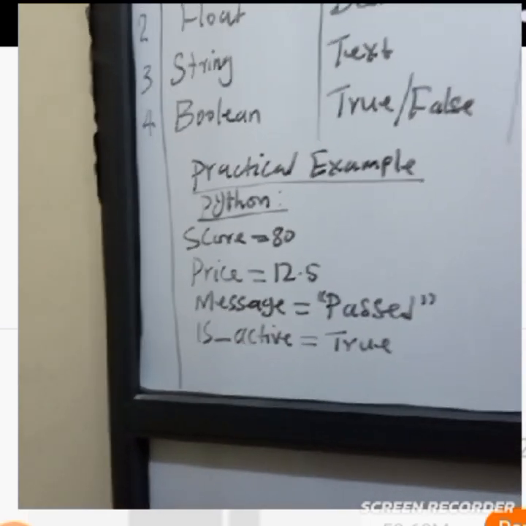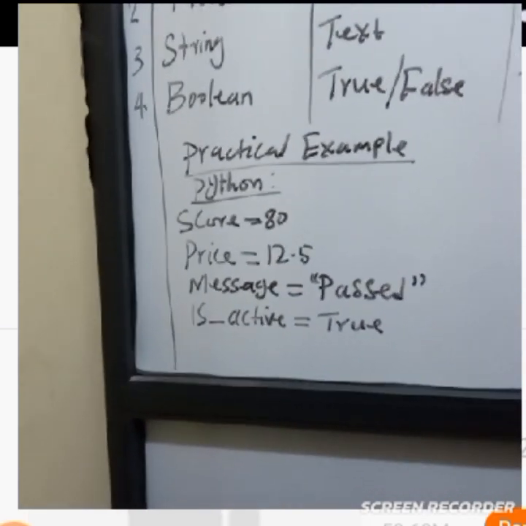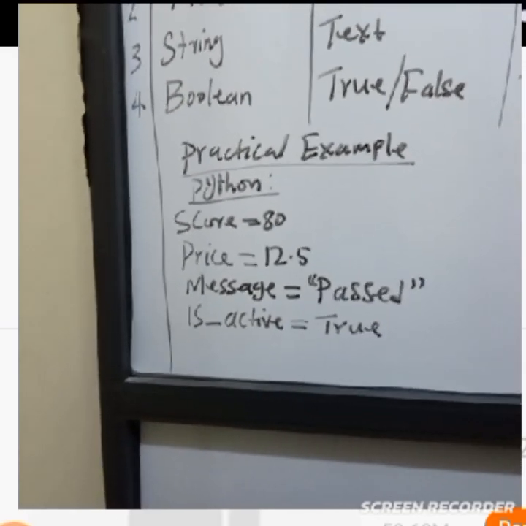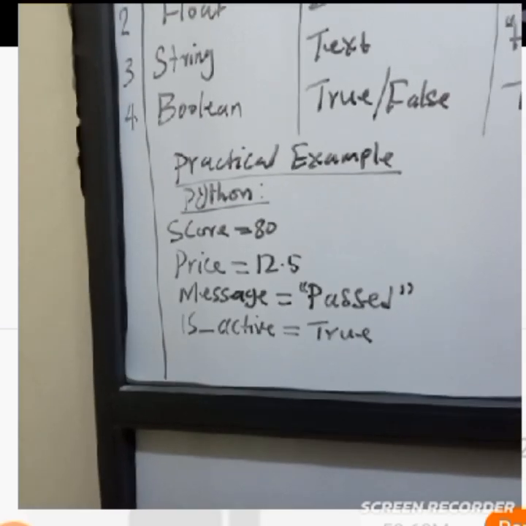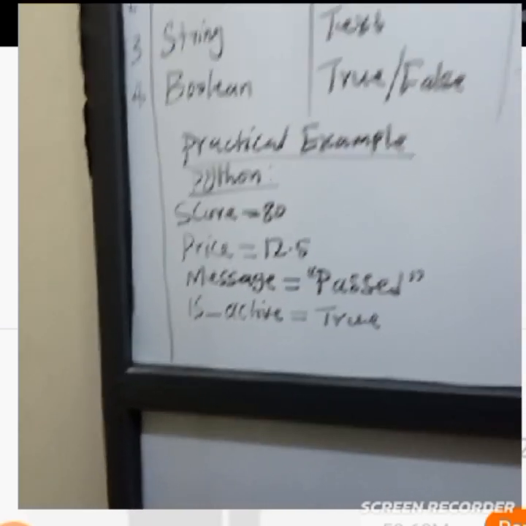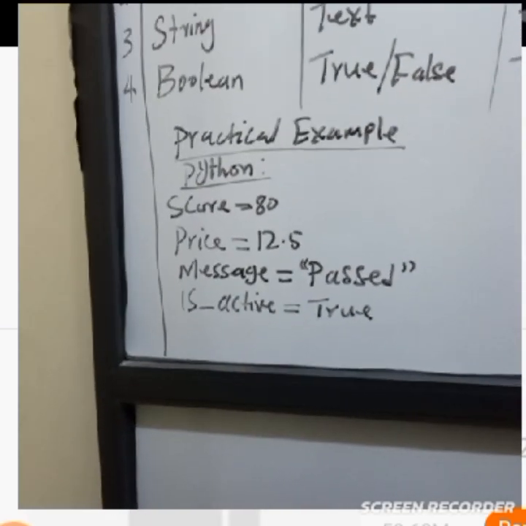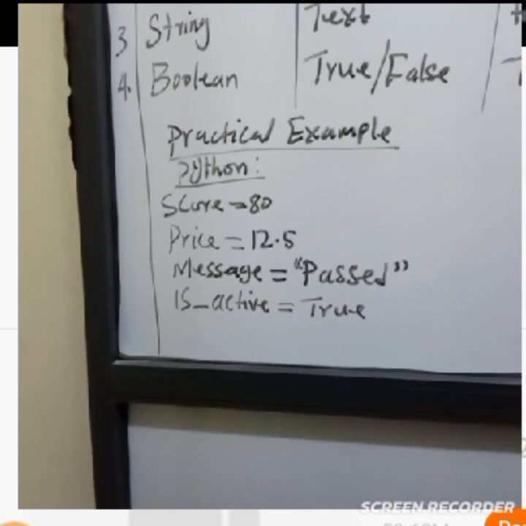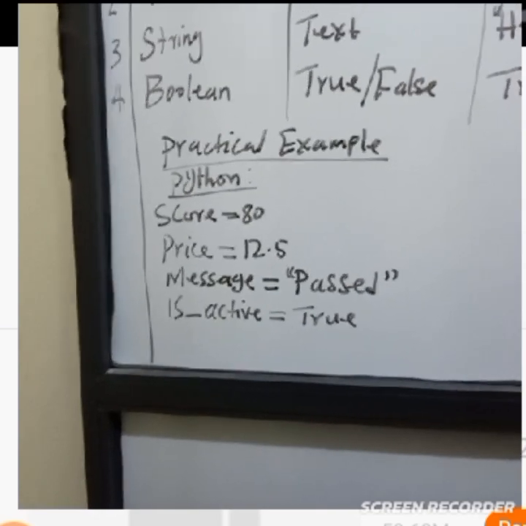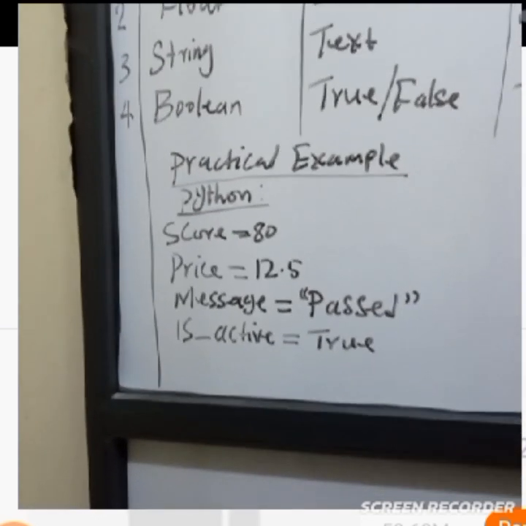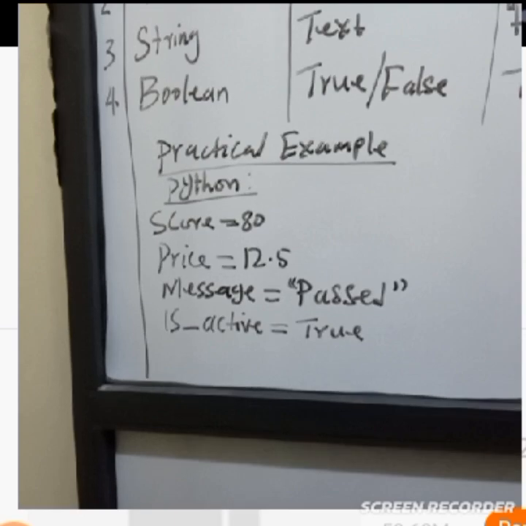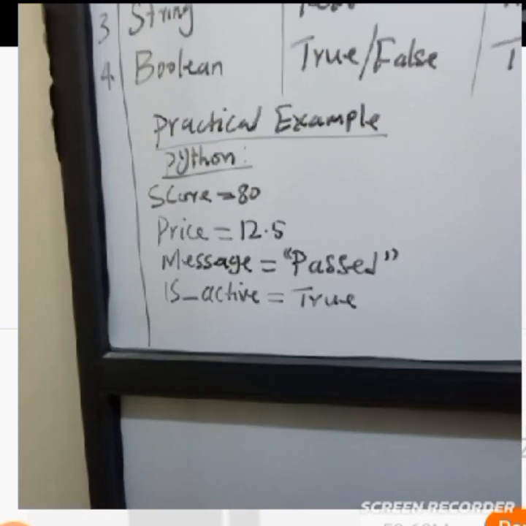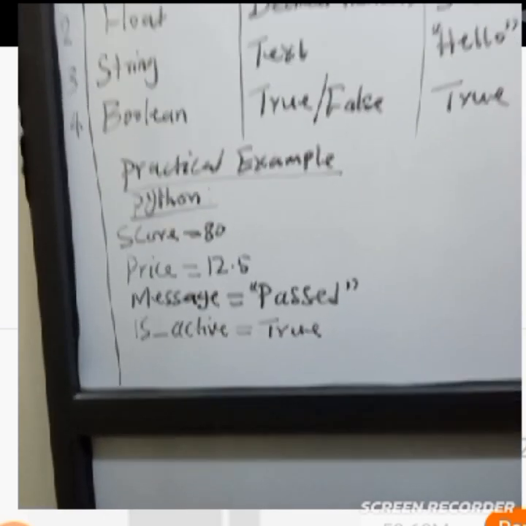Price equals 12.5. Message equals "pass". Is active equals true. So those are different data types. The score is an integer, the price is a float, message is a string, and is active is a boolean. So copy that to your notebook.